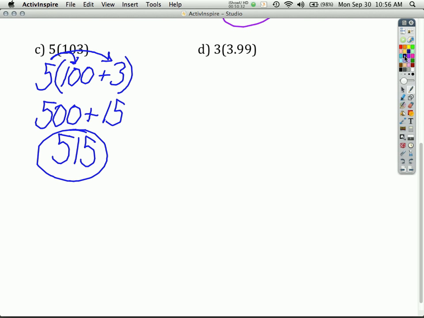Sometimes they make it a little wacky and it's $4.95. But, well, if I want to treat my friends to lunch and we're all going to get the Whopper Jr. and it's $1.99 each and I got 5 friends, how much money do I need? Am I going to sit there and go $1.99 times 5? No, that's ridiculous.